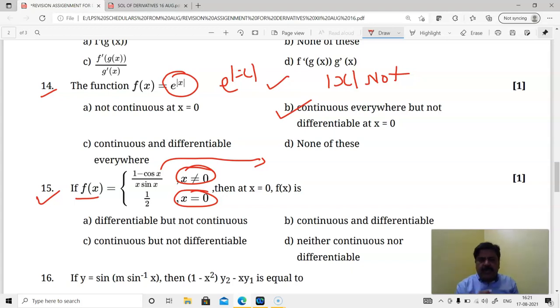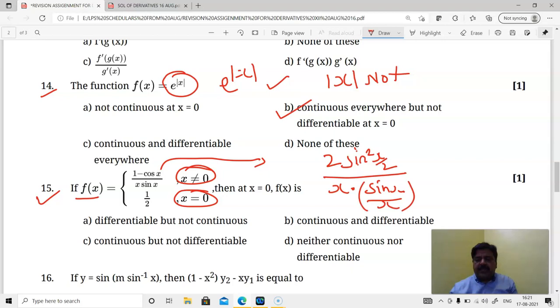We know all functions are continuous in their domain, but when we talk about 1 minus cos x, it has to use a half angle formula. This is 2 sin square x by 2, and x remains x. Here sin x has to be dealt with like sin x upon x, because we know the standard limit form: sin x upon x, limit x tends to 0, is 1.